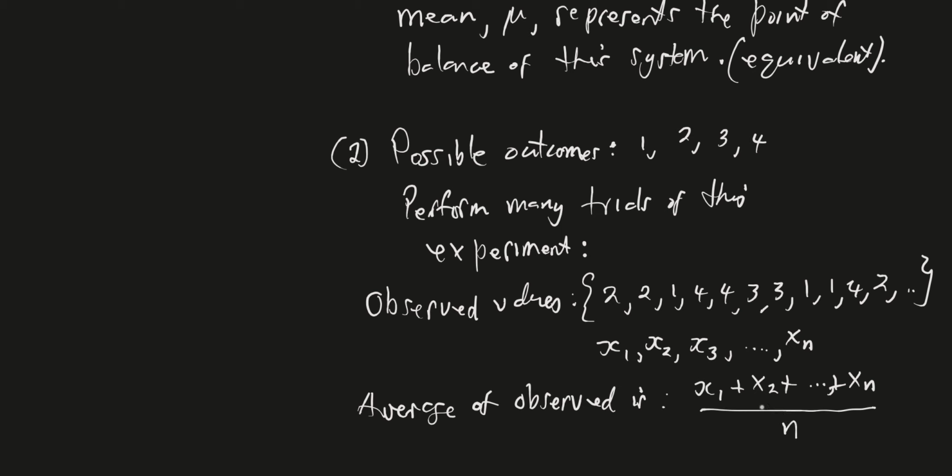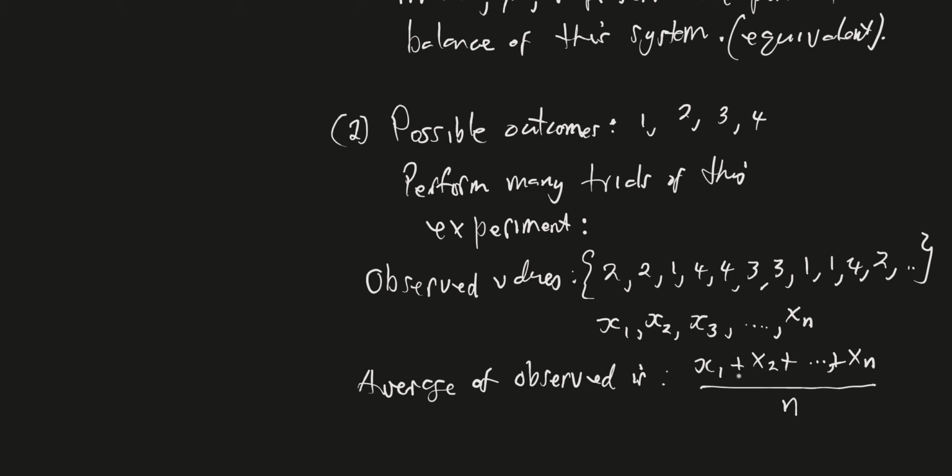Well, what happens is the larger our set of observed values, so the longer we actually run this experiment, and again, keep dividing by n, this average will get closer and closer. It will actually converge to our theoretical value of 2.9 that we just computed, right?